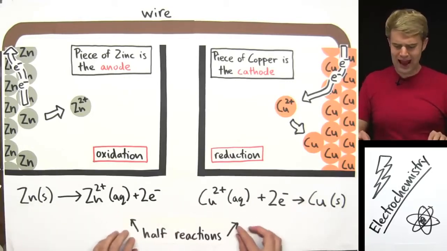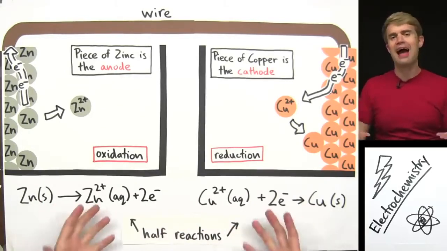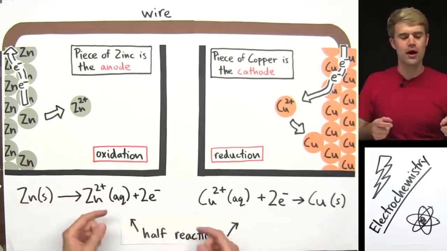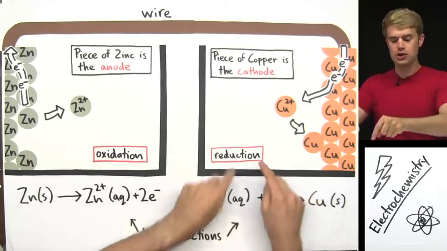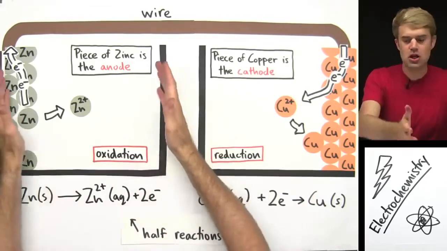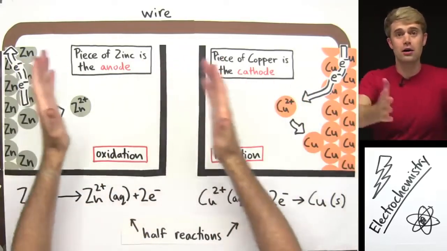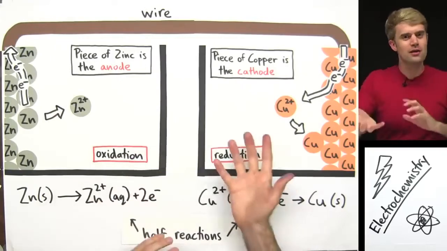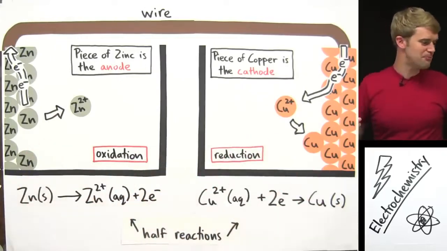Now these 2 reactions that I wrote, we call them half reactions because each one of them tells half the story of the oxidation reduction process. And we can actually give names to these 2 parts of the voltaic cell as if each one of them is half of the big picture.